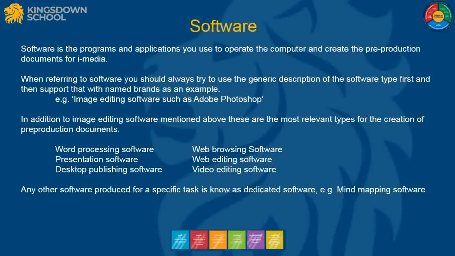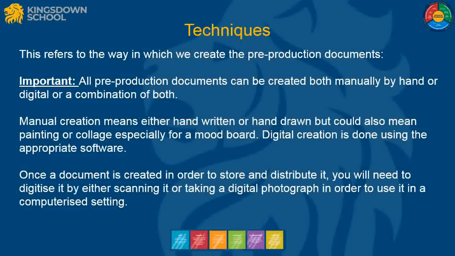So once you've established that link between both software and hardware, then you're going to be having a look at the techniques. And an important thing to note here is that all pre-production documents can be created both manually by hand or as digital or as a combination of both.